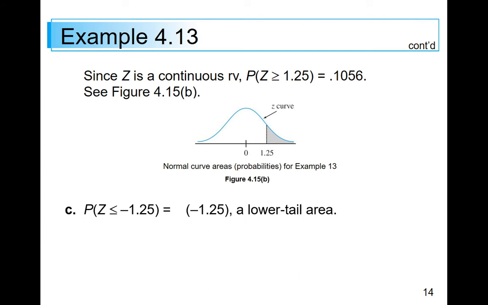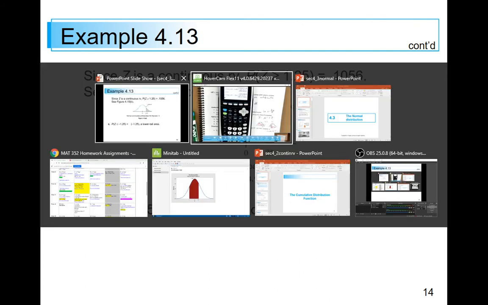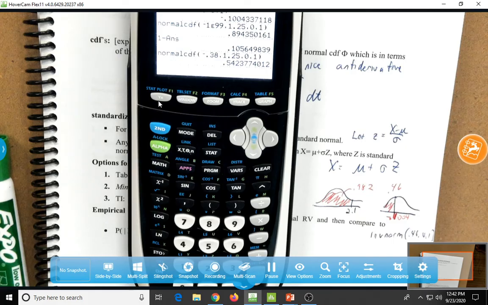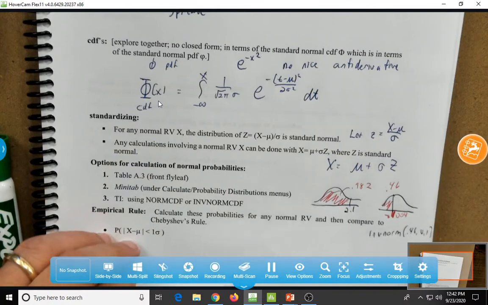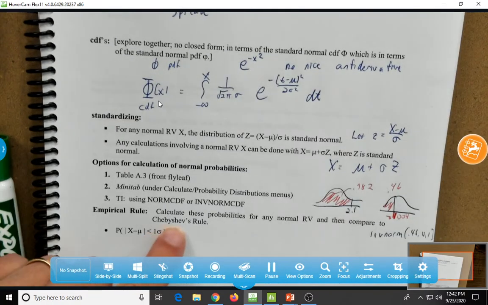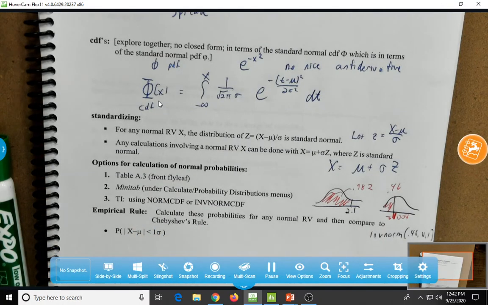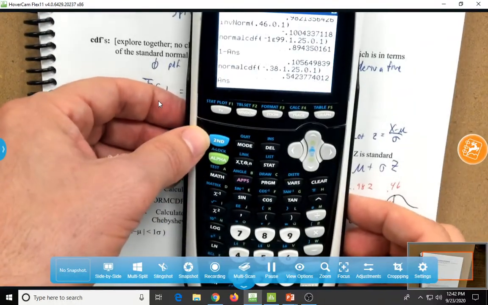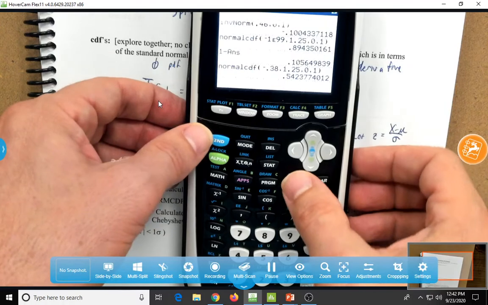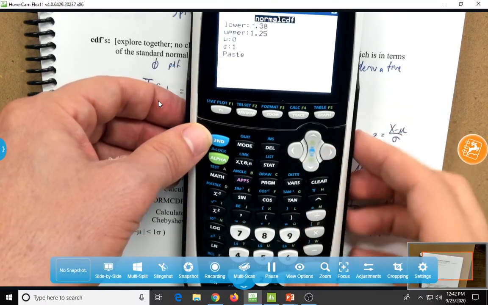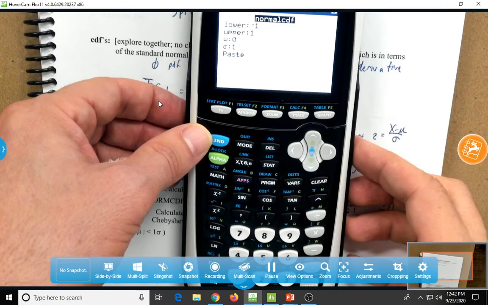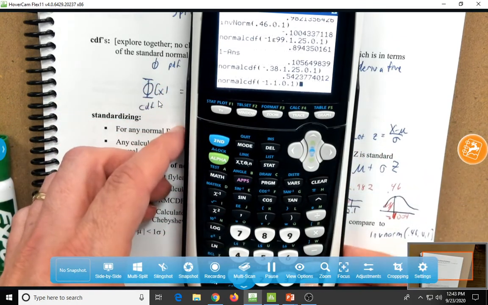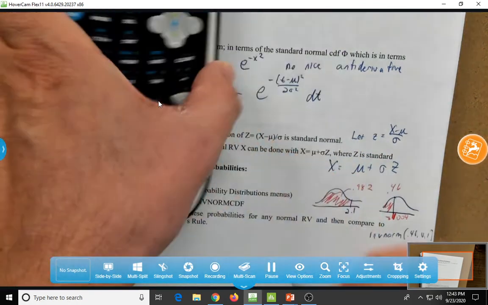Now, we can calculate these probabilities for any normal random distribution. What is it if you're one standard deviation away from the mean? I want to go from -1 to 1. What that says is I'm at 0.682689.